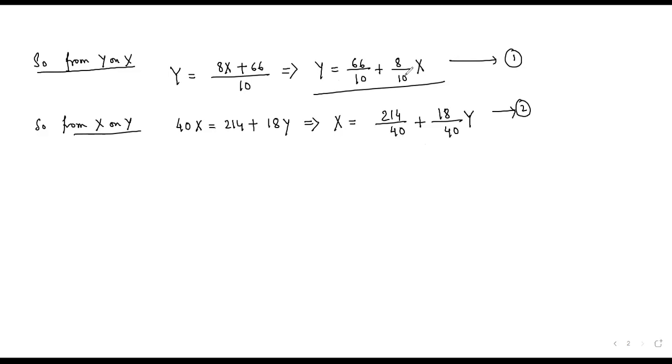And once we write the equations in this manner, we already know that our regression equation y on x is y equal to a plus bx, and our regression equation x on y is x equal to a prime plus b prime y.